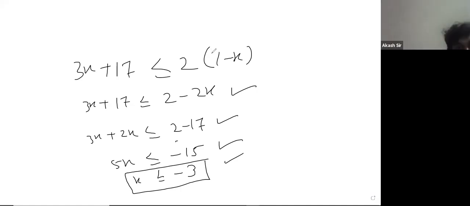This was Gautam, right? And could you guys represent it in intervals? How to write the solution in intervals? Does anybody have any idea about this?